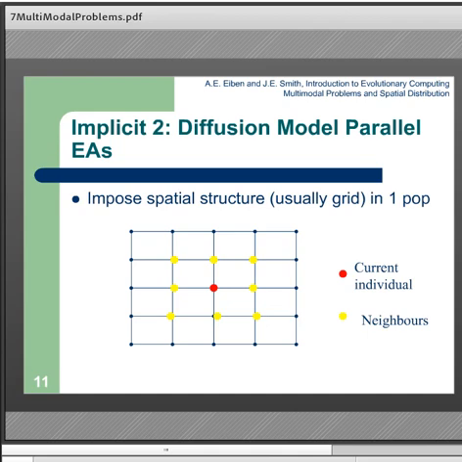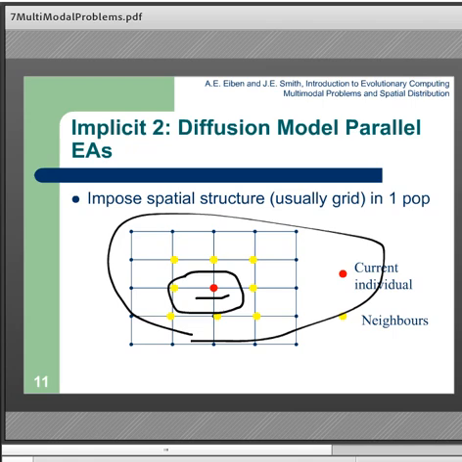Another method related to this implicit method is the diffusion model. The diffusion model is based on location or topology. It is related to the fact that each element can only combine with its neighborhood, not with other elements, and it limits the change of solution.